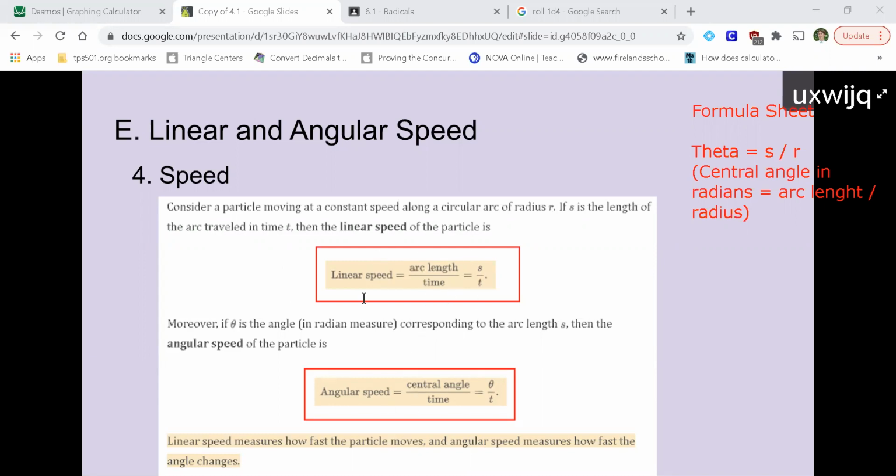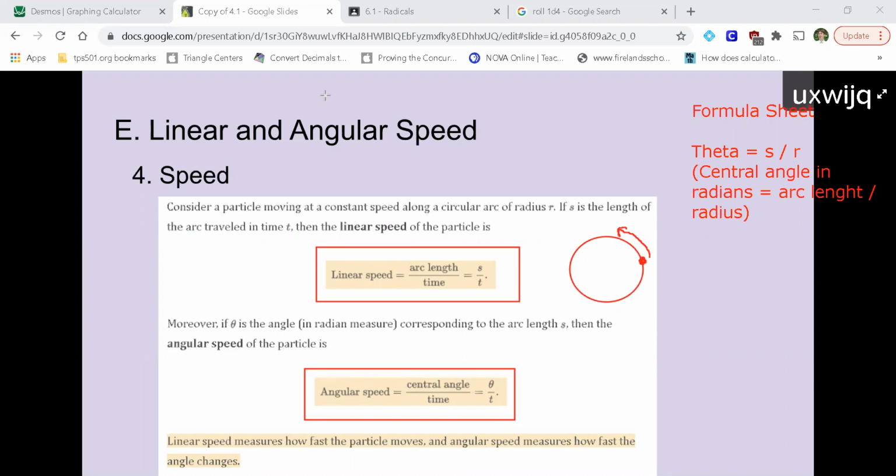Okay, what is the difference between these two things? With linear speed, imagine a wheel and you put a penny or a dot on the edge of the wheel. How fast that penny or dot is moving around is the linear speed. I know what you're thinking. You're thinking, Mr. Lake, that circle was terrible.